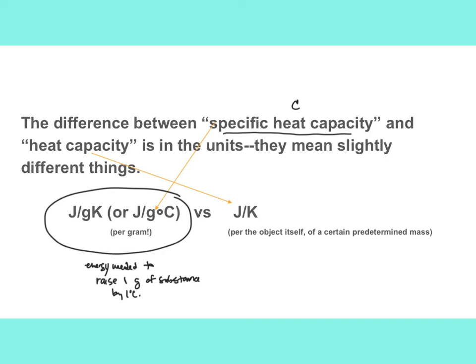Heat capacity, on the other hand, has to do with a particular object. Okay, you notice this value is just simply energy per degree of delta T. There is no mass factored into this. There's no grams in this. This is usually assigned to an object, such as a particular pot that you might be using to heat water in, okay?